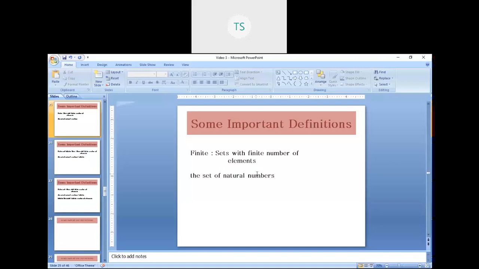Next, if I tell you the set of natural numbers, can any one of you tell me the total number of elements in the set of natural numbers?